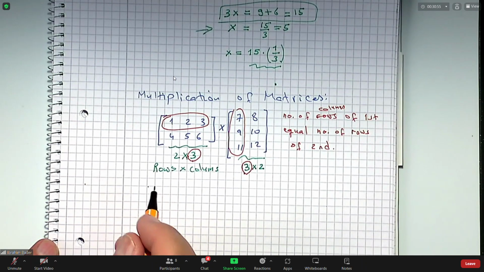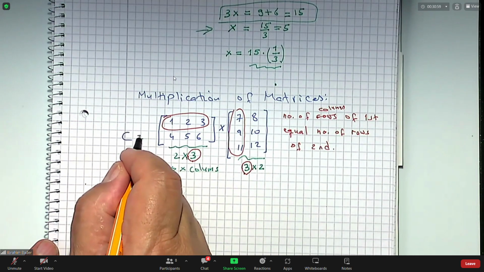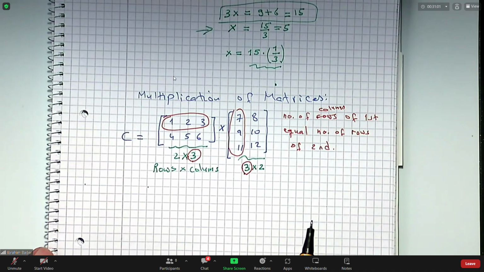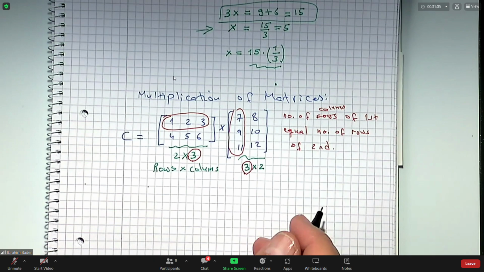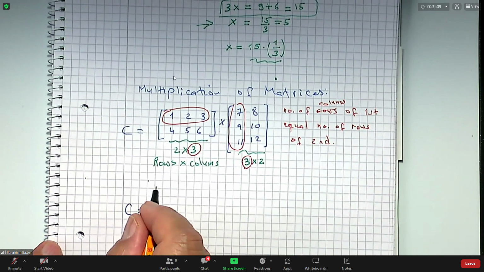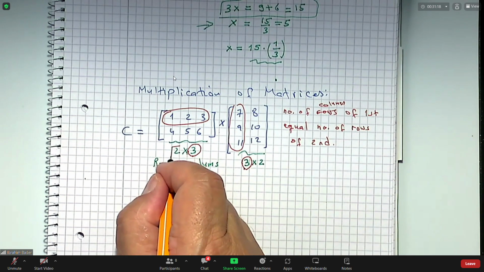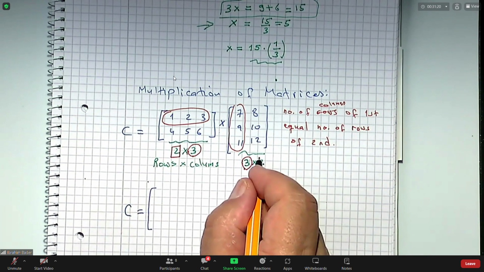So if this is A and this is B, let's say the outcome of this product is the matrix C. What is the dimension of the output matrix? The output matrix has as many rows as the first one, and as many columns as the other one.